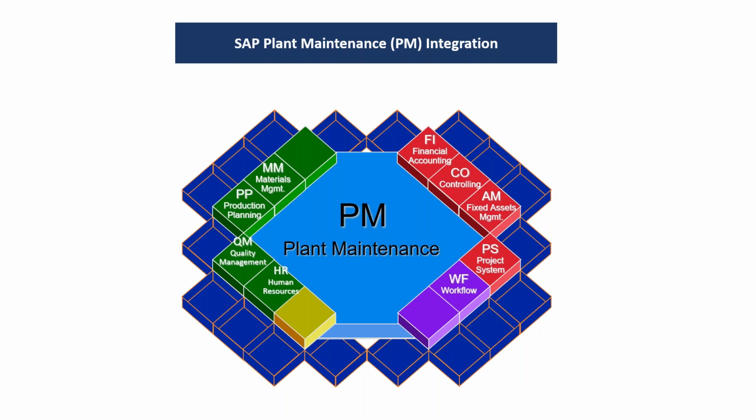It is not only one module, but the basic module that creates the backbone of the entire EAM is plant maintenance. Plant maintenance has other modules like predictive analysis. WCM is also part of the same, MRS is also part of the same, and fleet management is also part of the same.